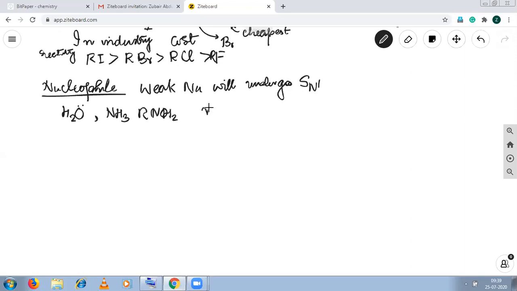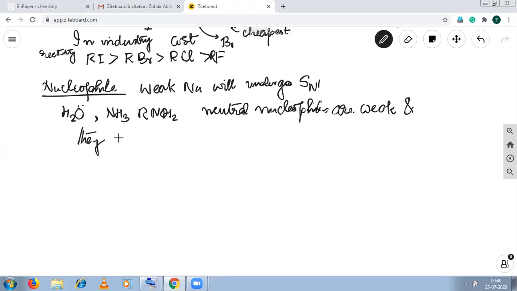So neutral nucleophiles are weak and they undergo SN1 mechanism.